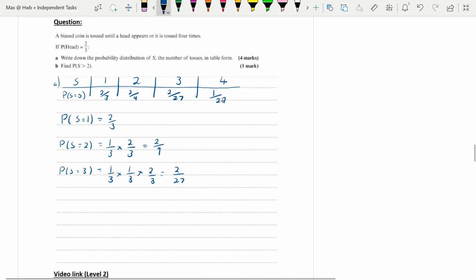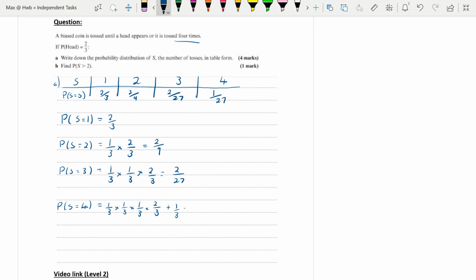Because what lots of people do, to toss the coin 4 times, there's actually 2 options here. The first option is I get not a heads, not a heads, not a heads on the 3rd go, and then a heads. Or my game ends after 4 times. So I could also just get no heads at all, and the game will still end.